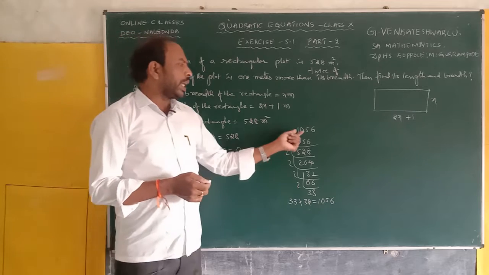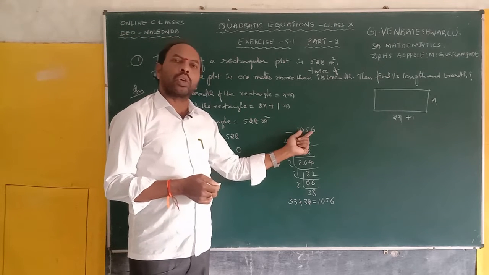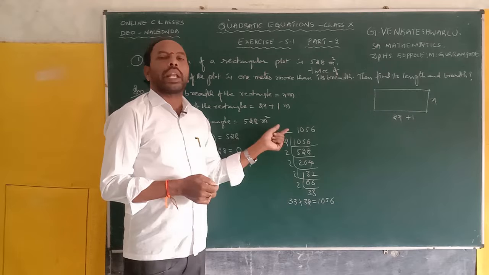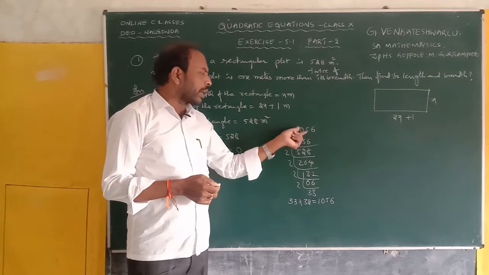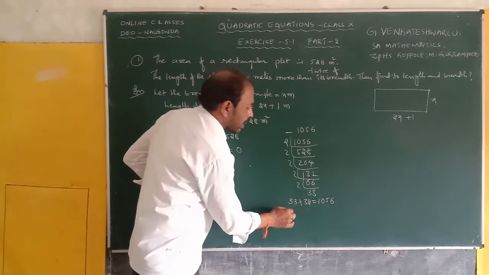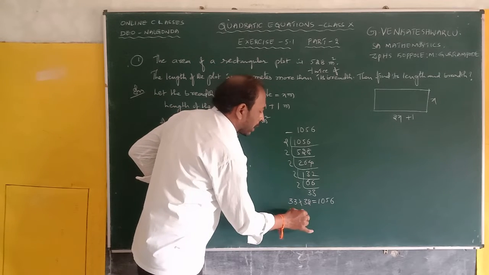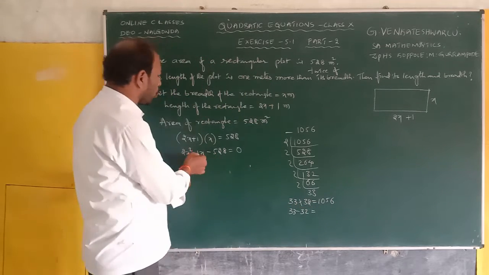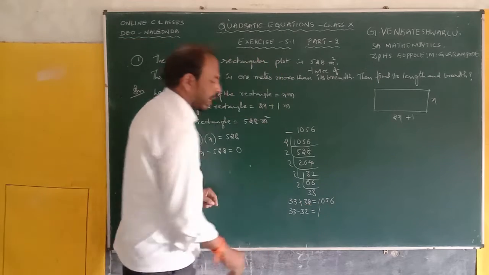And next, the constant, which assigns a negative sign. If it contains a negative symbol, we need to subtract these two factors, that is 33 minus 32, which is equal to the coefficient of x.